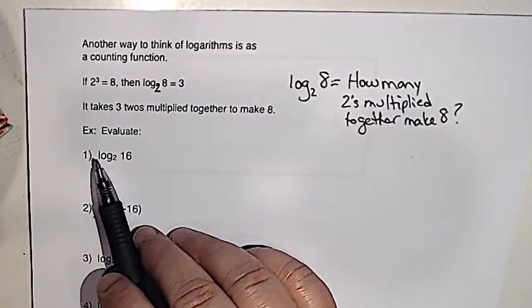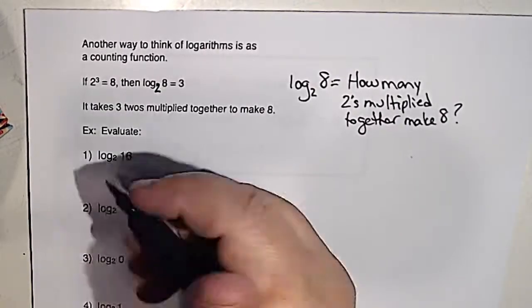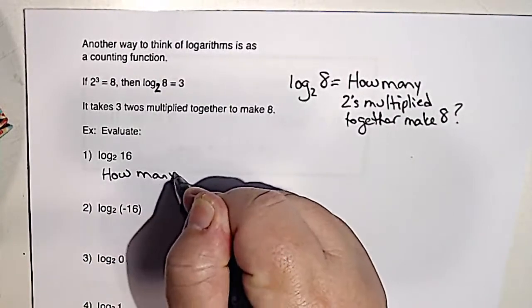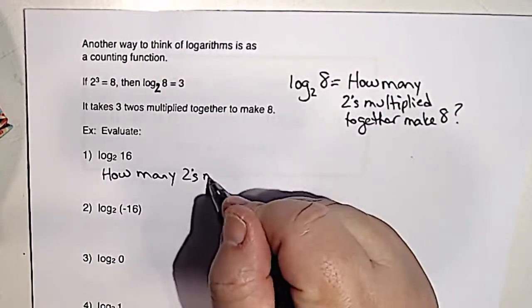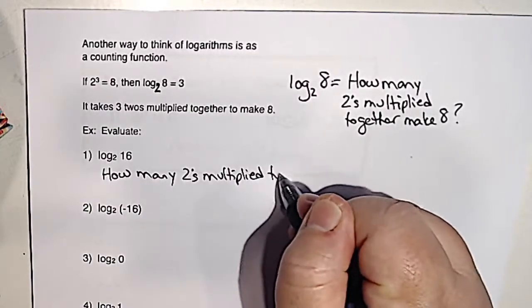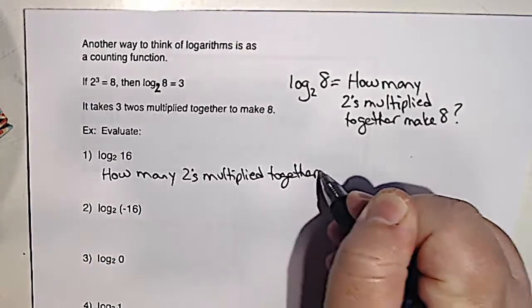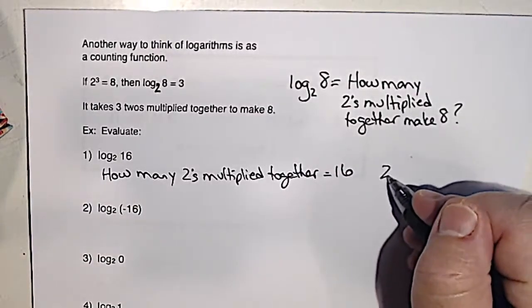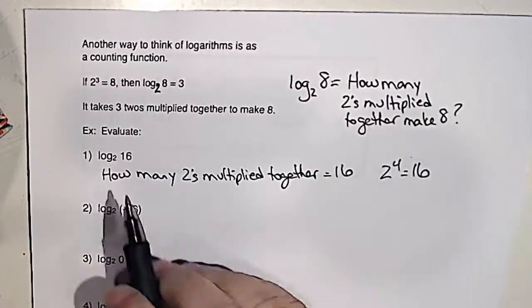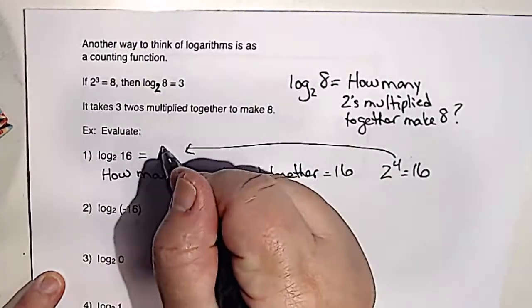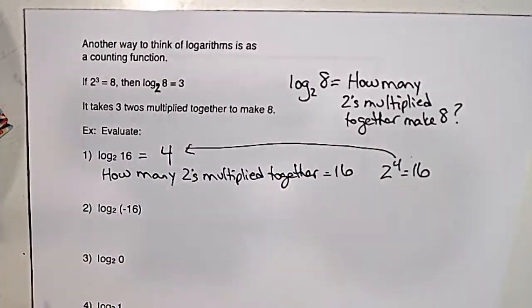Log base 2 of 16: how many 2's multiplied together equals 16? If we think, 2 to the 4th equals 16, then log base 2 of 16 equals 4. There are 4 2's multiplied together to make 16.